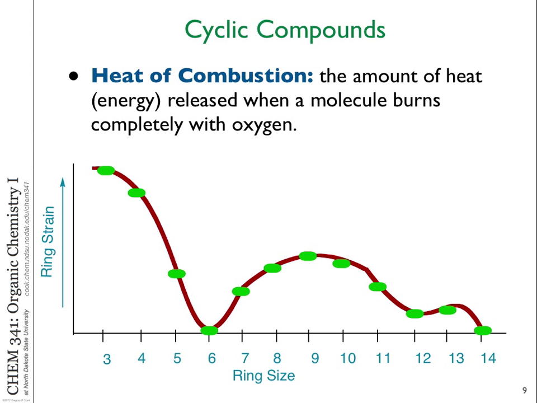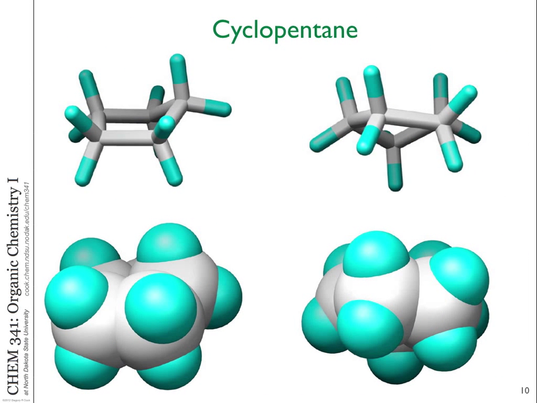Okay, but let's take a look at the 5-membered ring. Now you can see there's a significant difference in that structure in which the bonds are able to avoid more of the torsional strain and the angle strain, because once you can start bending the ring out of a single plane, those bond angles can open up to a more favorable position.